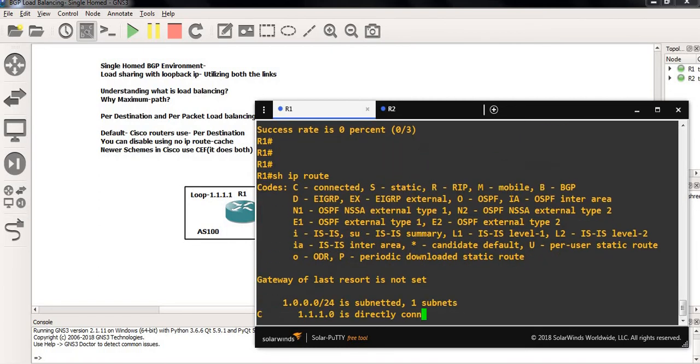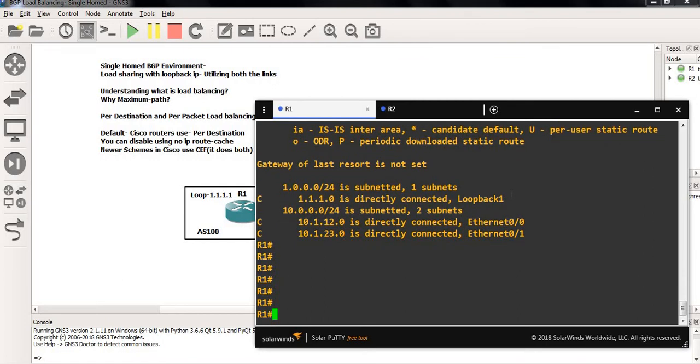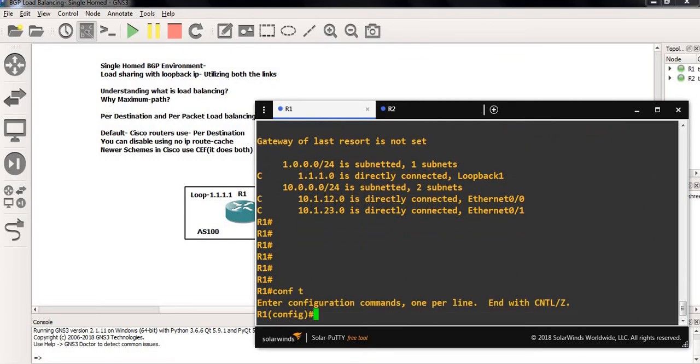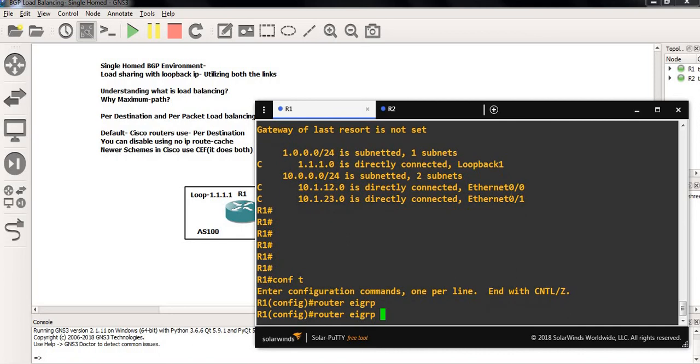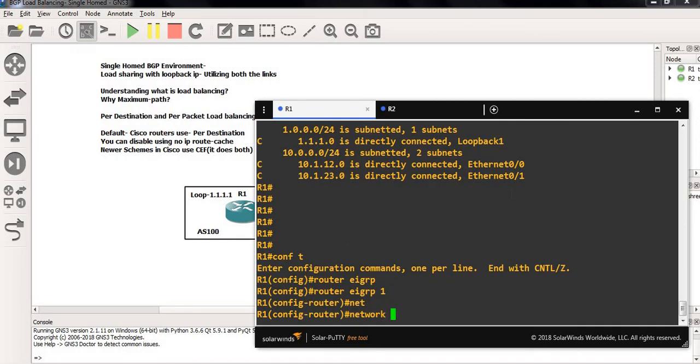If you do show ip route, you don't see this route here because we are not running any routing protocol. So to get this route advertised into router 1, we will configure any of the IGPs. We can configure either a static route or EIGRP or OSPF or any routing protocol. In most scenarios it will be a static route in a production network, but I'll just go ahead and configure dynamic routing.